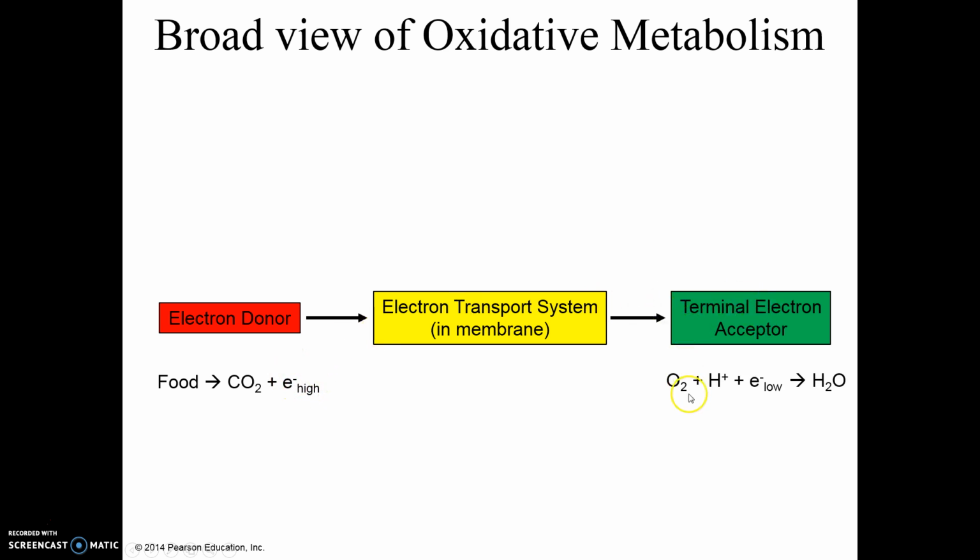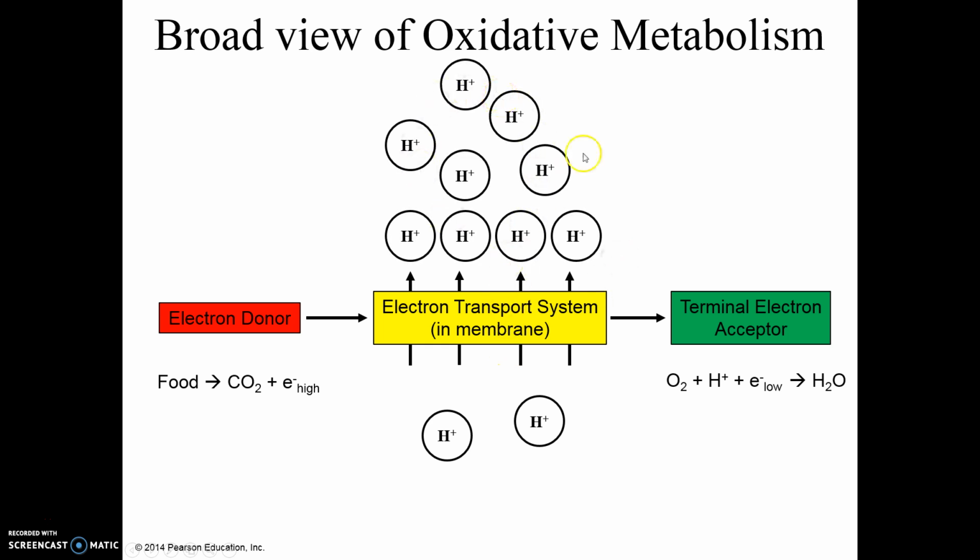We are ultimately going to dump those electrons off onto oxygen, which you can see here we have electrons high energy. These are now electrons low energy. The energy has been transferred in here. We now create water. This electron transport system takes protons and pumps them across a membrane to create a gradient.